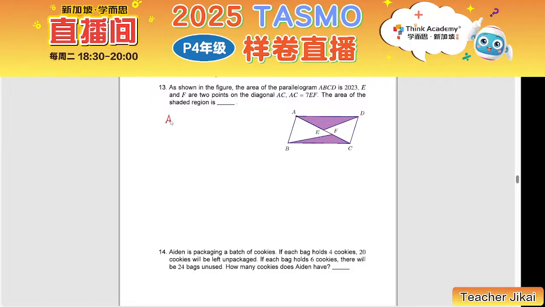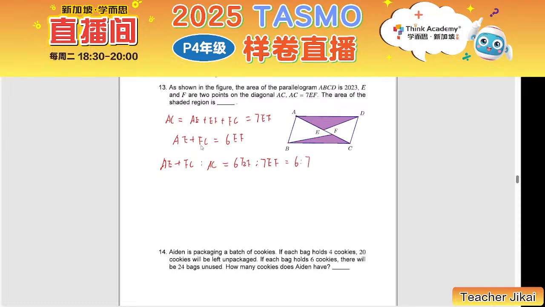So AC here is AE plus EF plus FC. It is 7EF. So we know AE plus FC will be 6EF. So AE plus FC to AC will be equal to 6EF to 7EF, which is 6 to 7.